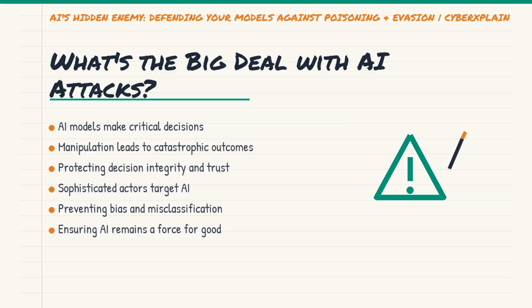We are not just protecting data, we are protecting the integrity of decisions and the trust we place in these intelligent systems. Malicious actors are getting more sophisticated, aiming to either degrade performance, inject bias, or cause specific misclassifications, and it's up to us to stay ahead. It's about ensuring AI remains a force for good, not a vulnerability.